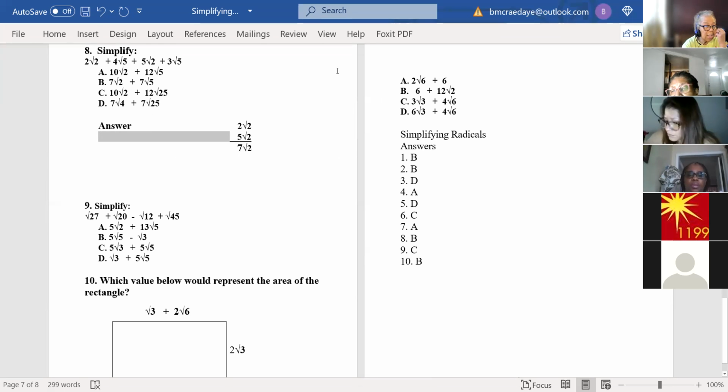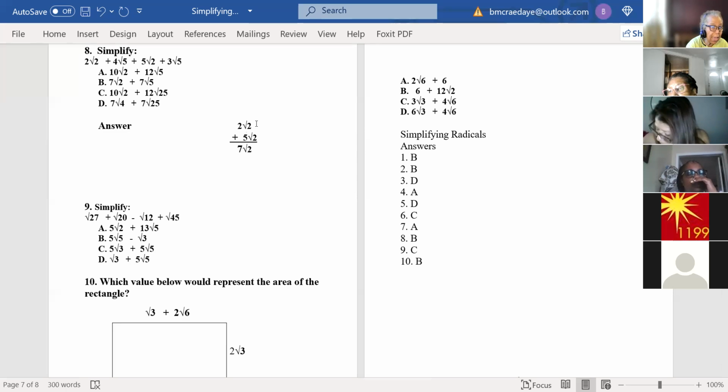You can only add the coefficients for the ones with the same radicals. So you have 2 times square root of 2 plus 5 times square root of 2. This is a plus. You're adding, right? So it lines up. 5 plus 2 is 7 times square root of 2.